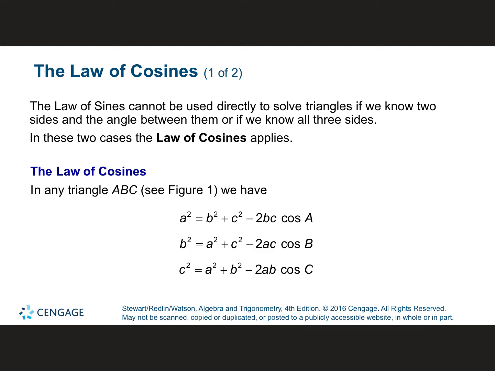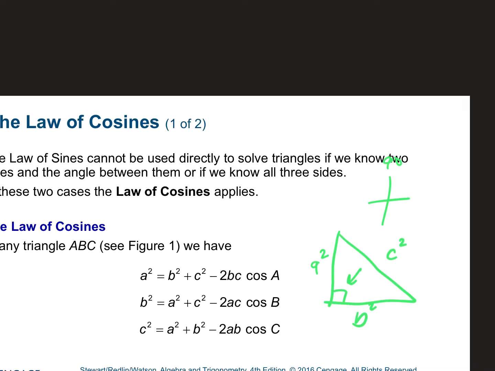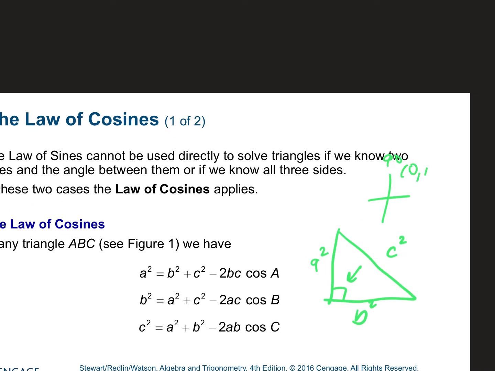Just to show you where this comes from, right? I have a right triangle. You guys are all aware of a squared plus b squared equals c squared, right? What angle is right there? That's the 90 degrees. So at a 90-degree angle on our coordinate plane, if I look at the ordered pair, at 90 degrees, your ordered pair is (0, 1).